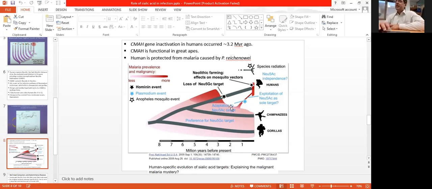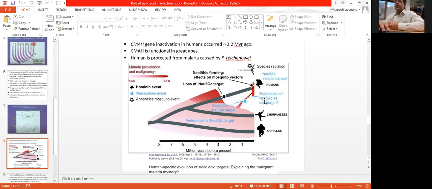And when this parasite felt the pressure that hominins on one hand are increasing on the surface of the earth, these species are decreasing, it needed some kind of shift in its strategy to evolve along different lines in order to change its preference from Neu5Gc to Neu5Ac.